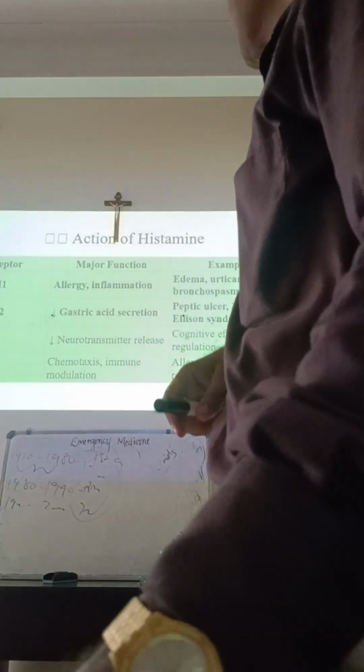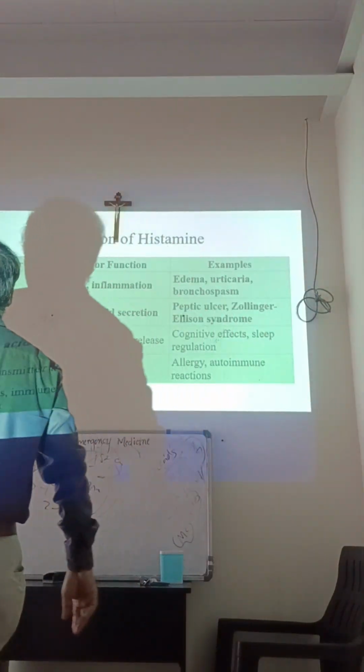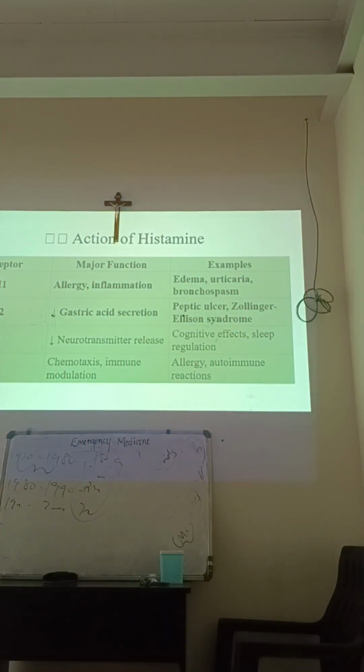Once it comes out, what does it do? It acts on these receptors: H1, H2, H3, H4. For your syllabus purpose, only these two are important. This is not important. H1 is important because histamine acts on H1. It causes allergy and inflammation, edema, urticaria, bronchospasm, etc. In case you got some allergy, something bit you, or you had some food and got rashes all over, you have to block the receptor.